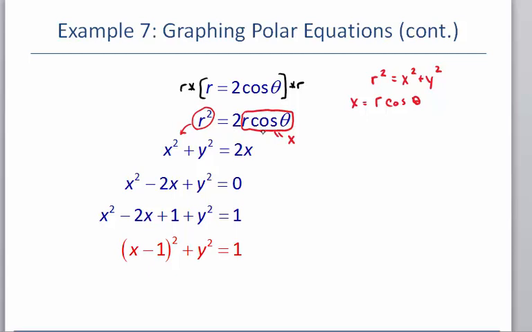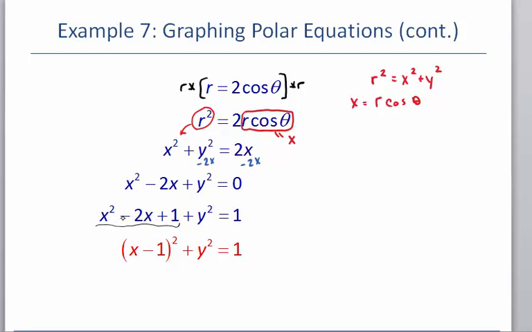We could subtract the 2x from both sides. Which gives me this, x squared minus 2x plus y squared. We could then complete the square. So completing the square on the x's would mean that we're adding 1 to both sides. The y does not need the complete the square process done because it's already finished.